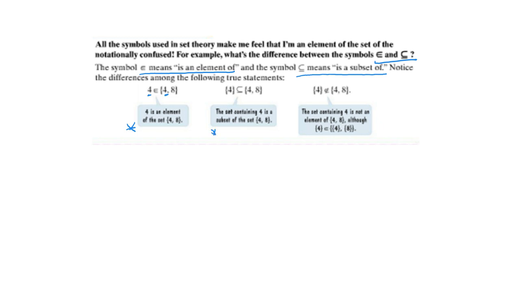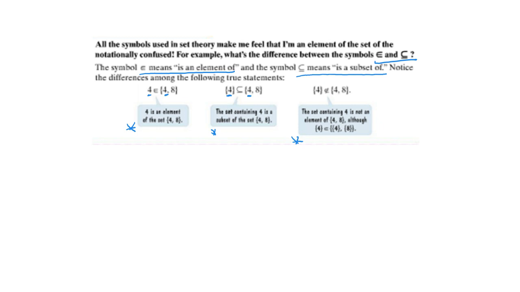The second option here is saying that the set containing 4 is a subset of the set containing 4, 8. So 4 is contained in the second set. So therefore, the first set is a subset of the second set. Lastly, it says the set containing 4 is not an element of the set containing 4, 8.